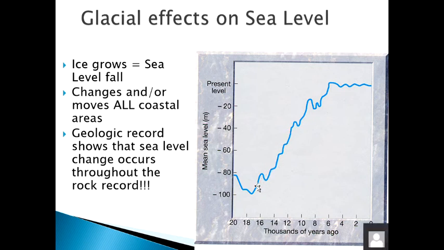This is an indication that sea level has changed. From about 18,000 years ago, sea level was really low because it was all tied up in the last ice age. When that ice age melted, sea level rose and flooded the land till we're about here.